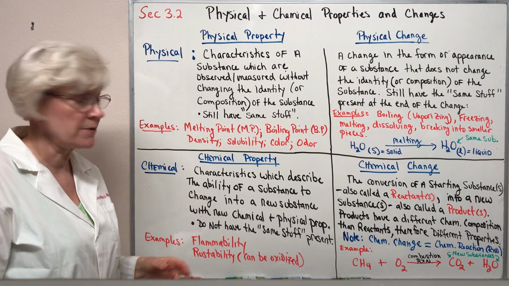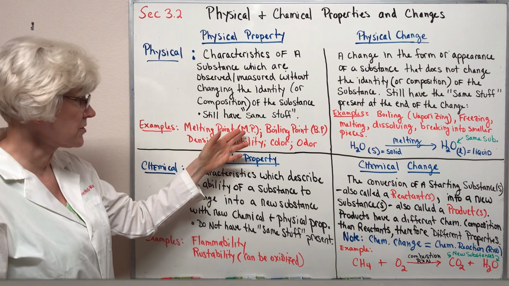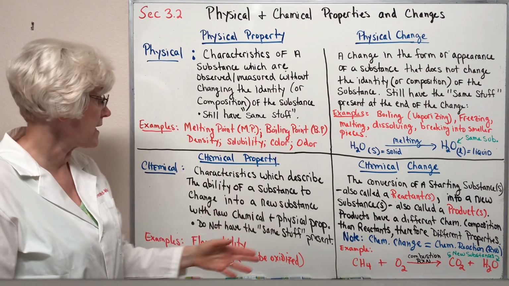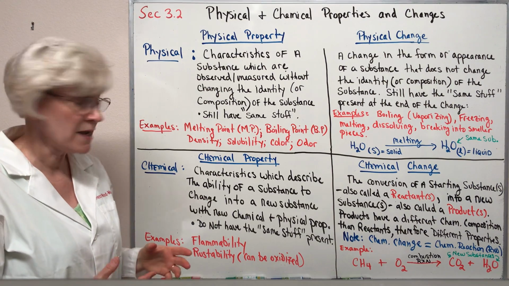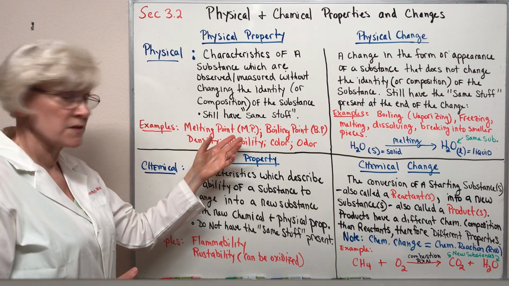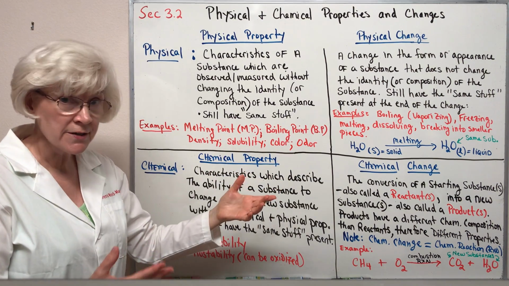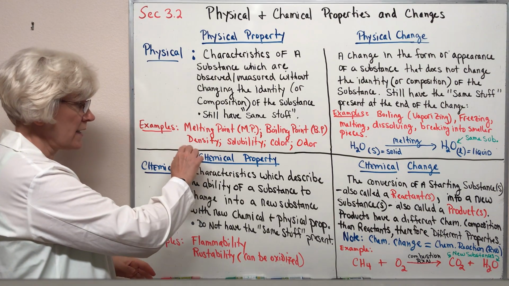Examples of physical properties include melting point, which I'll refer to throughout the semester and abbreviate MP, boiling point, BP, density. We've discussed what density is and we've had a lab on measuring it, as well as solubility, color, odor, and there are other examples, but this gives you an idea of what we're talking about.